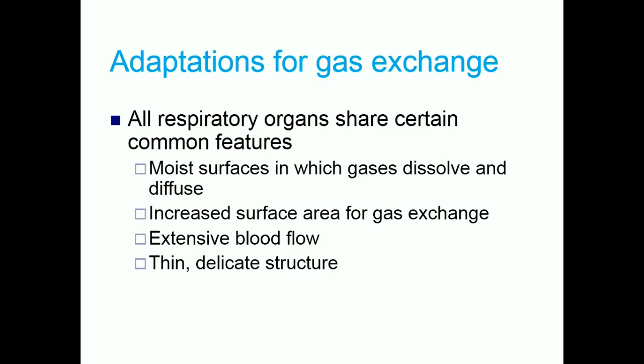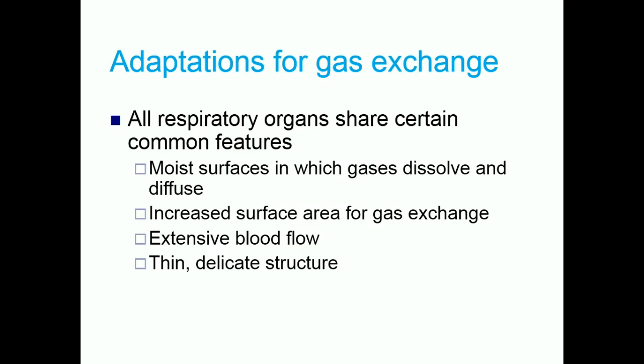Now, all in all, though, we see this evolutionary progression of gas exchange membranes. All respiratory organs share some common features. First, we have a moist surface in which gases can dissolve and diffuse.